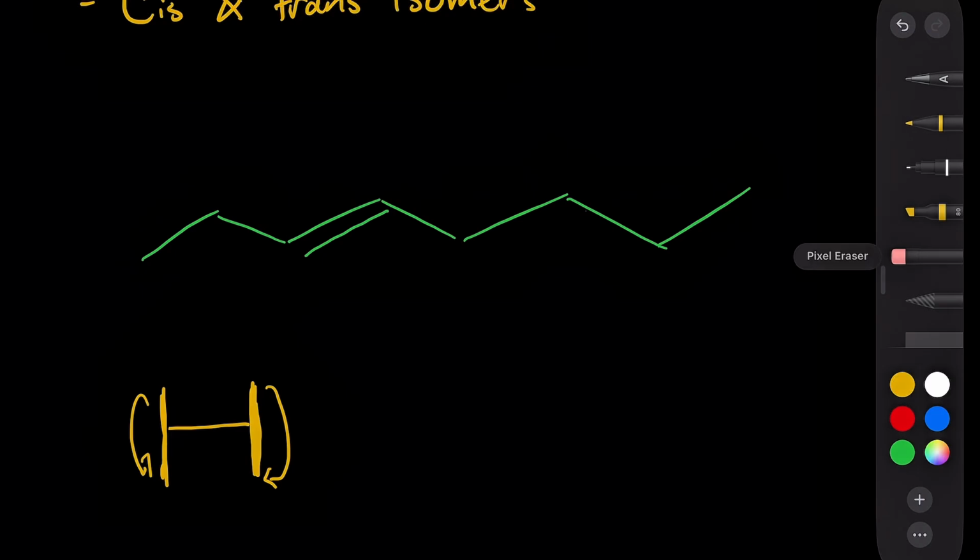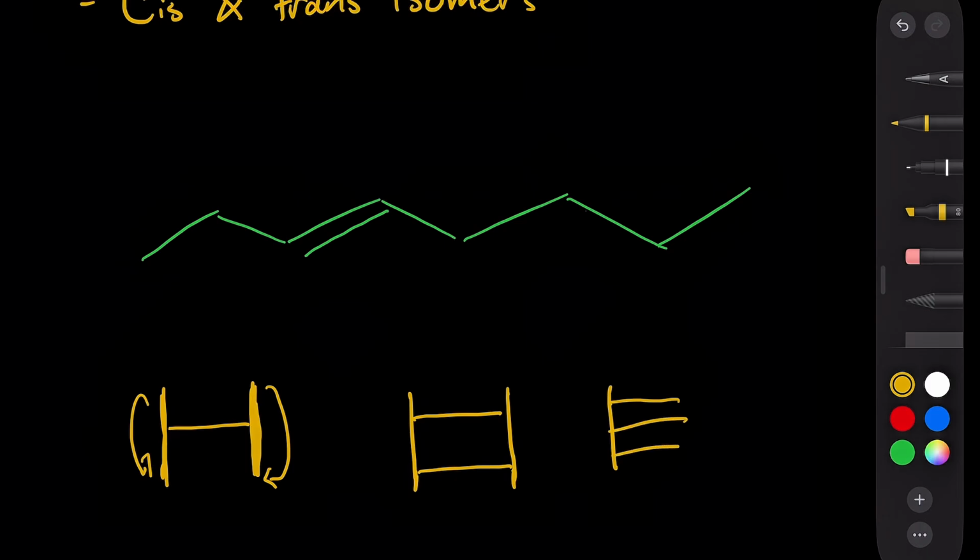Now, say for example I did two rods in between these rods. Well, you can't rotate these. At some point when you're rotating them, they're going to get crossed, and it's not going to allow you to rotate anymore. This is also true with something called alkynes.